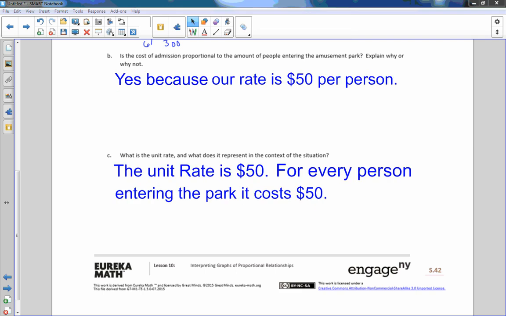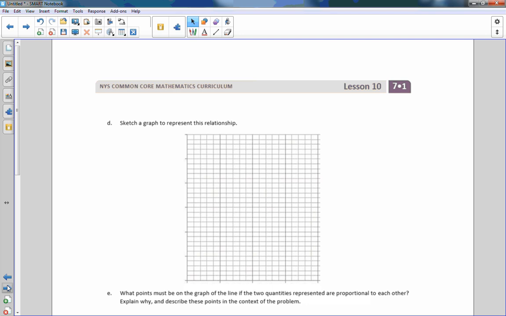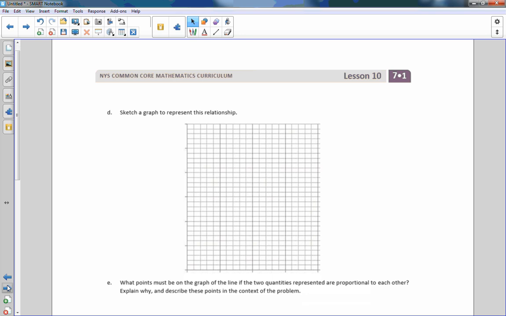Okay, so there we go. The unit rate is $50, which means for every person entering the park, it will cost $50. One person, $50.